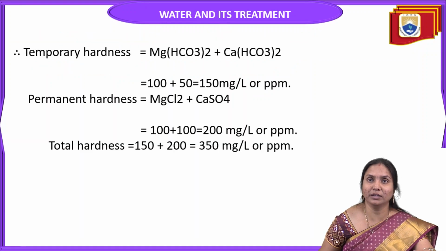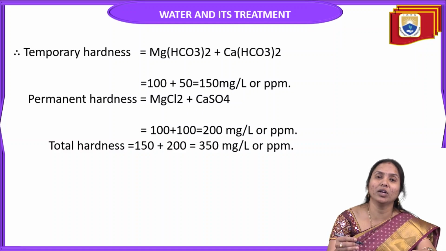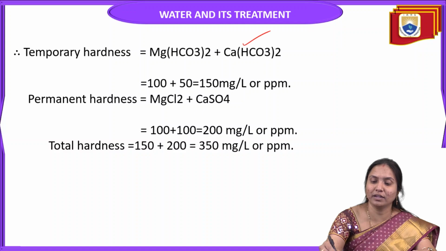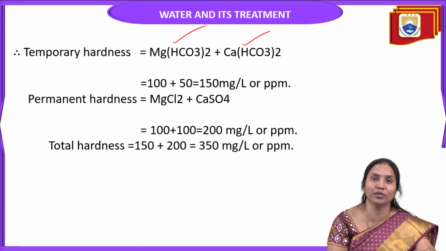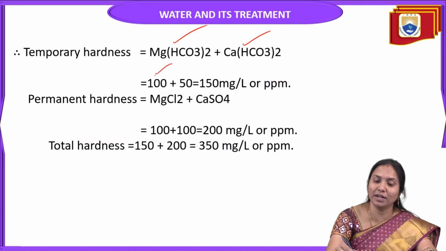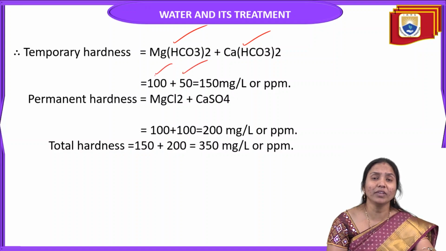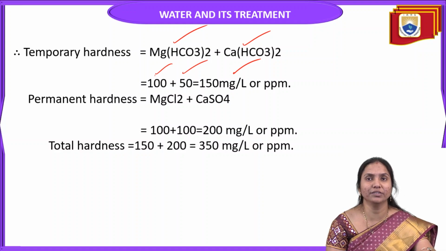Now you can calculate the temporary hardness of the given water. Temporary hardness causing salts are calcium bicarbonate and magnesium bicarbonate. After conversion, the calcium carbonate equivalents are 100 plus 50, which is 150 milligram per liter or ppm. So the temporary hardness of the given water is 150 ppm.